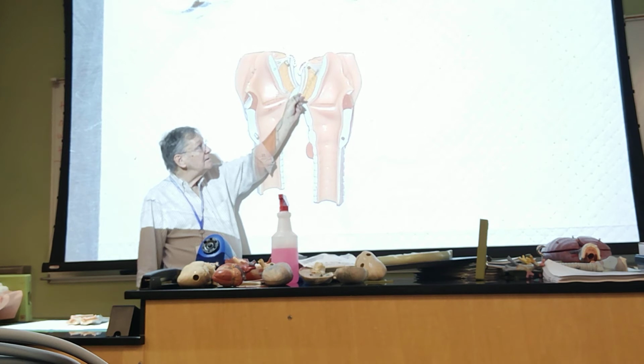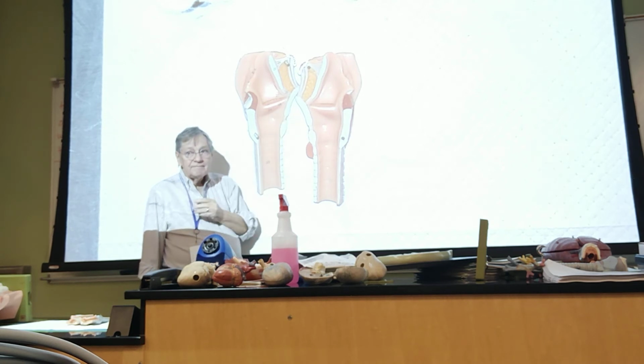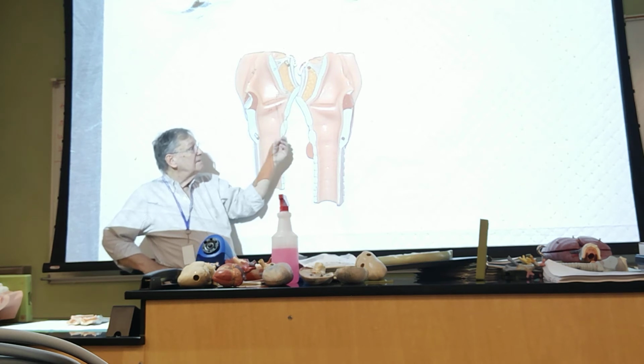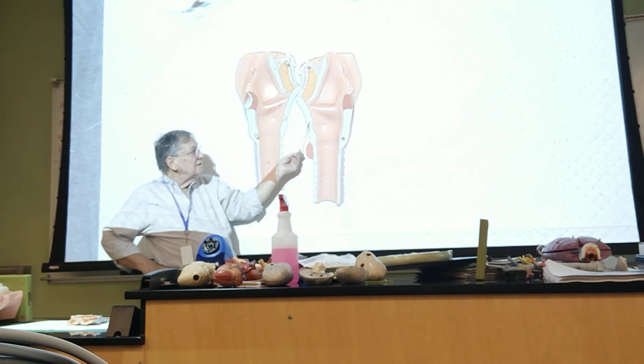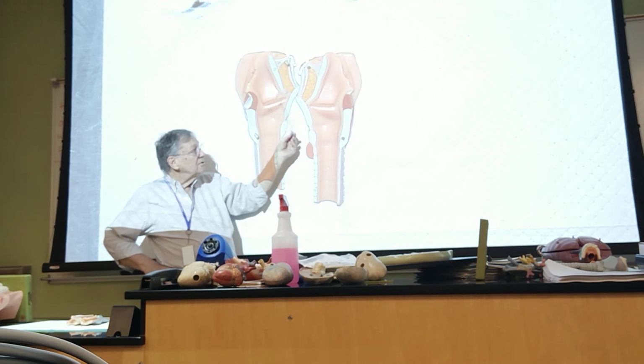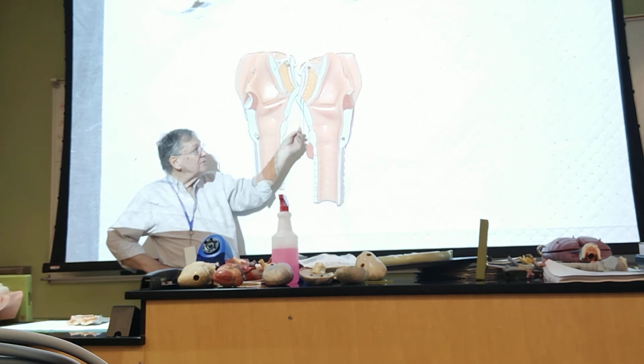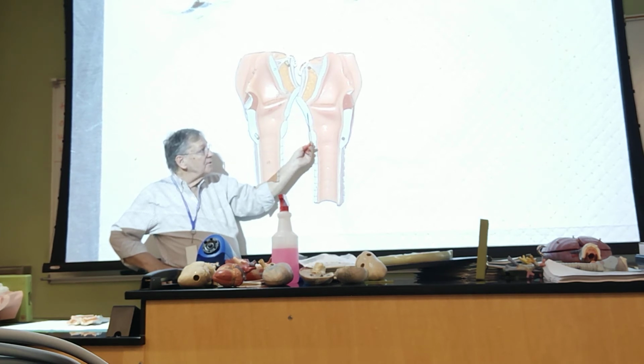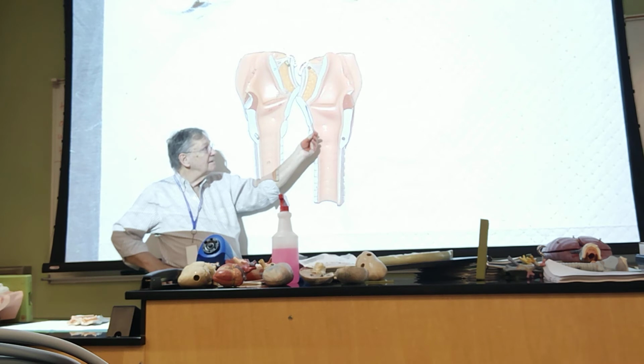Hyoepiglottic ligament. And then this is actually the inner part of the thyroid cartilage. So between the thyroid cartilage and the epiglottic cartilage, you have the thyroepiglottic ligament. Right there.